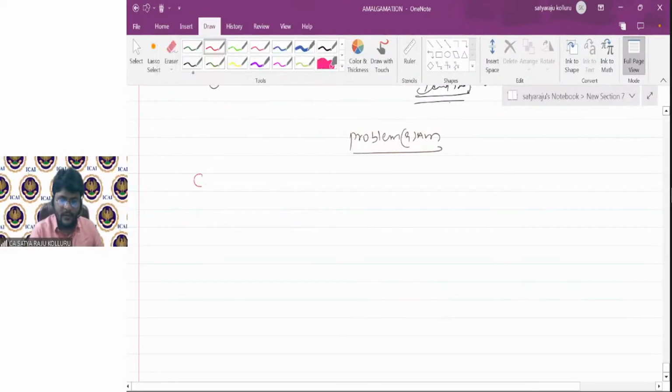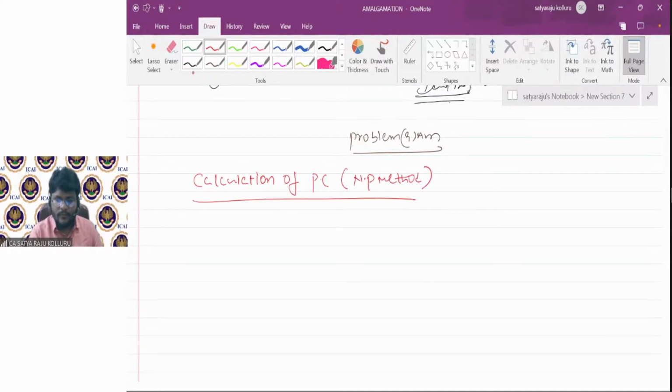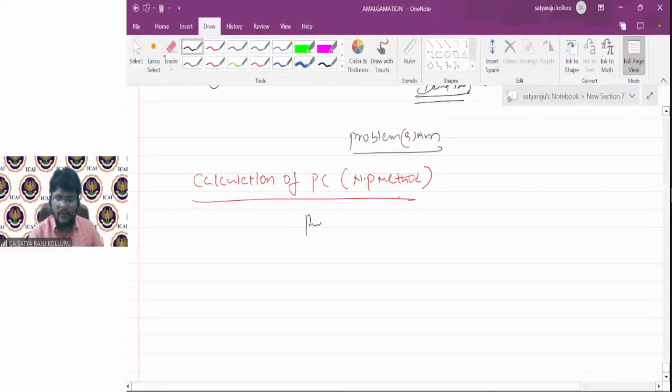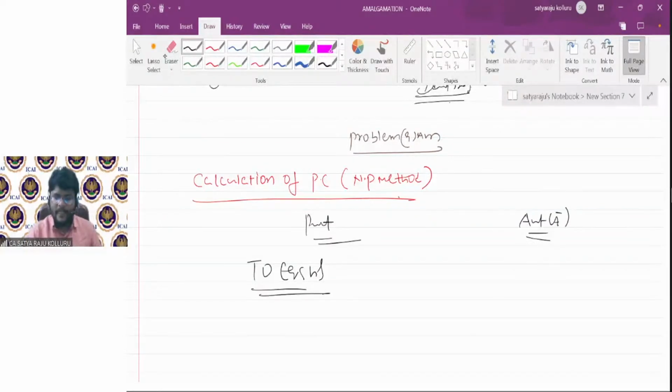Calculation of PC, in brackets net payments method. Now, how to calculate the PC here? Particulars, amount in rupees. Amount payable to equity shareholders first.